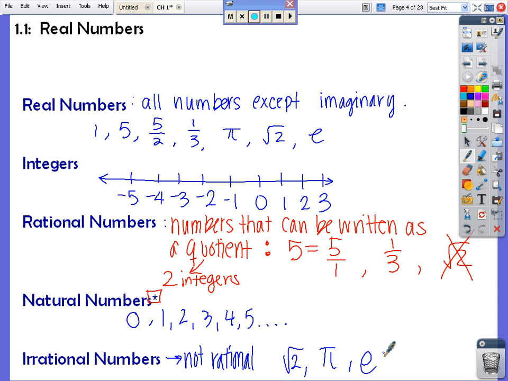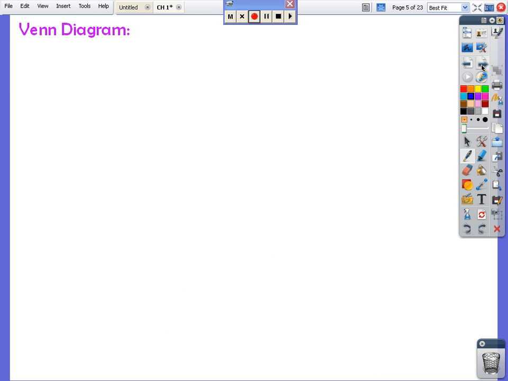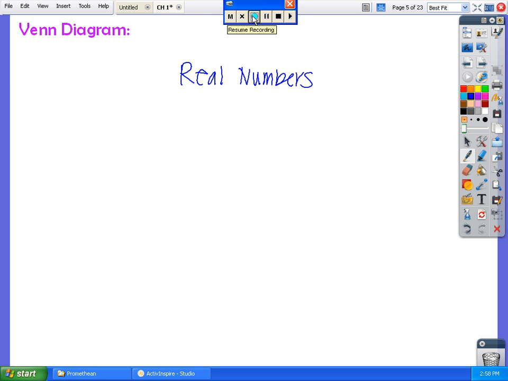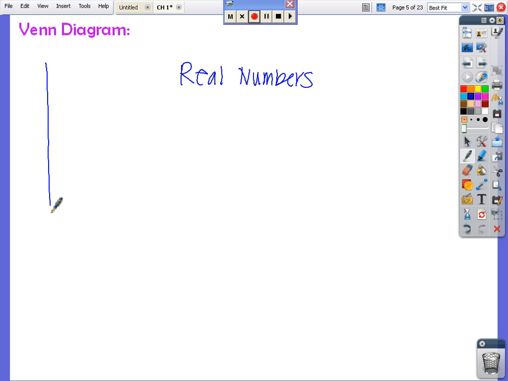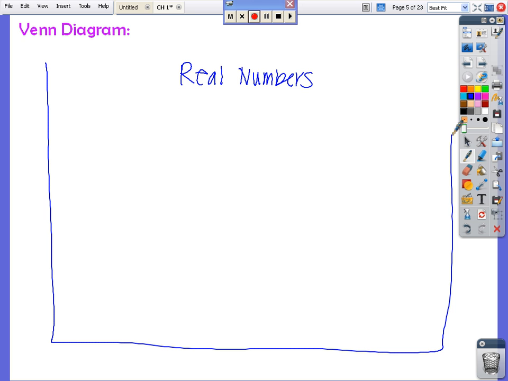I'm going to do a quick Venn diagram. So if this whole entire screen is considered the real numbers, so we're not talking about imaginaries. So those are the real numbers, and then within the set of real numbers, we have the rational numbers. Let's draw a nice little box here for my Venn diagram.